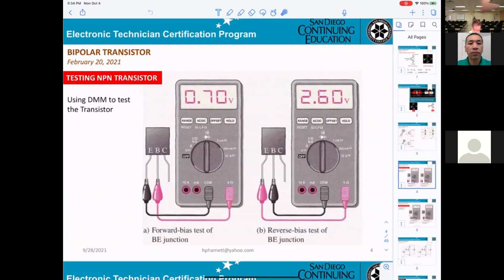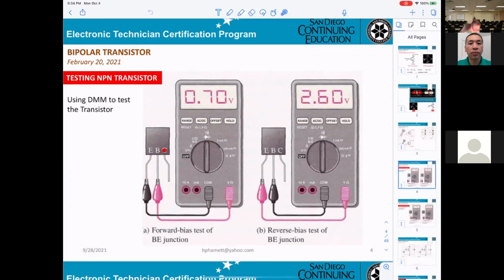This is from the textbook. Basically, you connect this symbol for the diode: positive to the base and negative to the emitter. You get around 0.7 volt, 0.65 somehow.